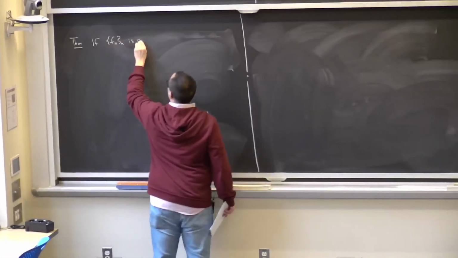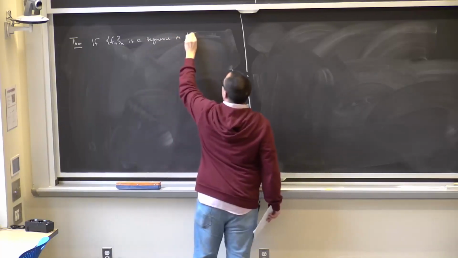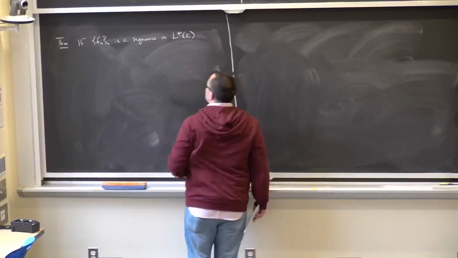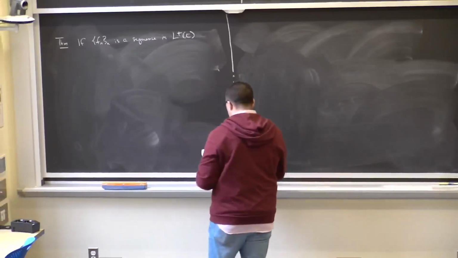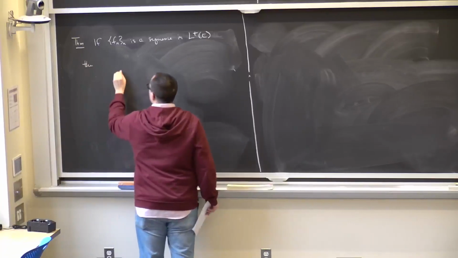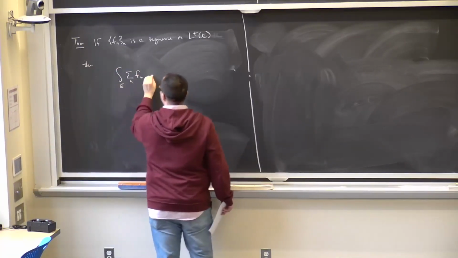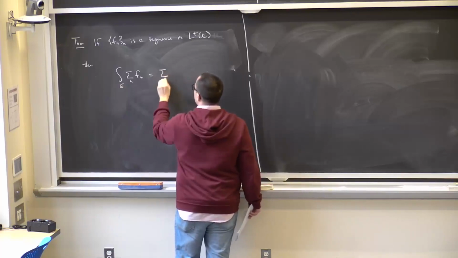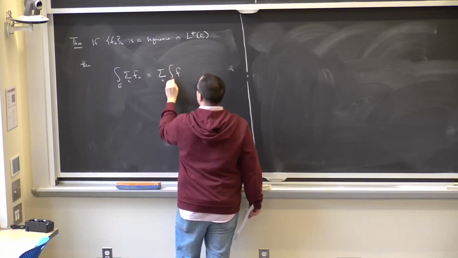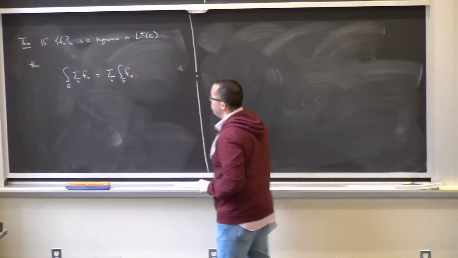If Fn is a sequence of non-negative measurable functions, then the integral of the sum of Fn over E is equal to the infinite sum of the integrals. Okay?